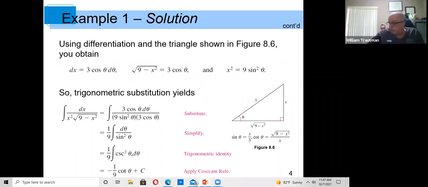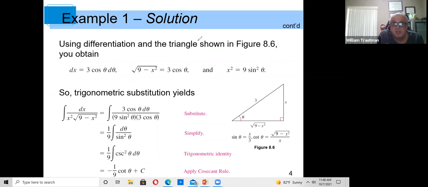You can look on your integration formula sheet for calculus. Somewhere on here, I gotta have it. There it is. Integrating cosecant squared x is negative cotangent x. So this becomes the negative cotangent theta.